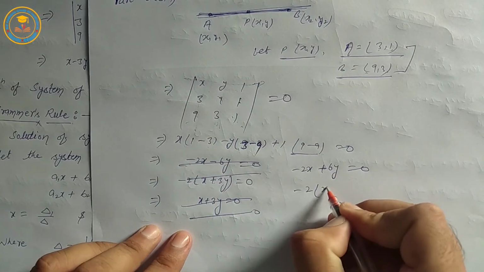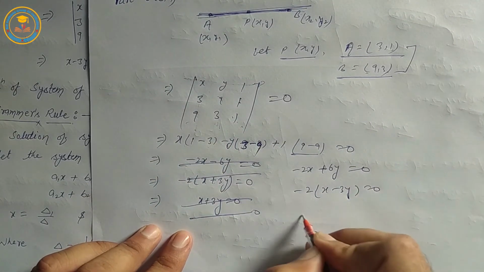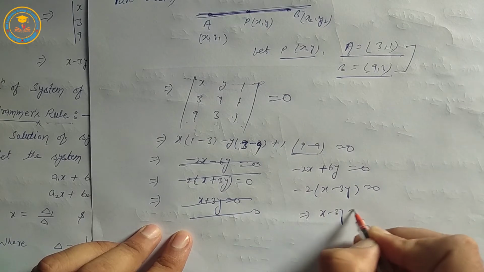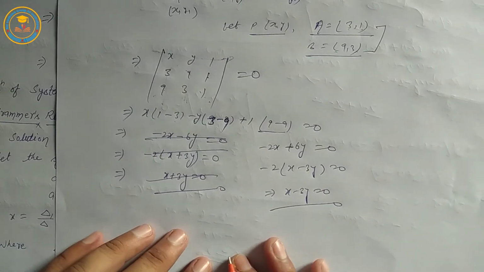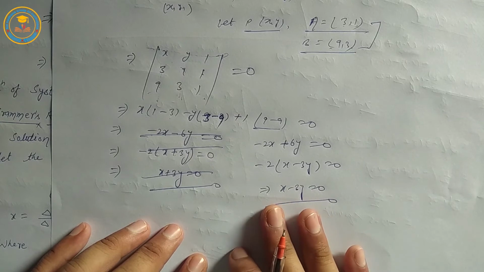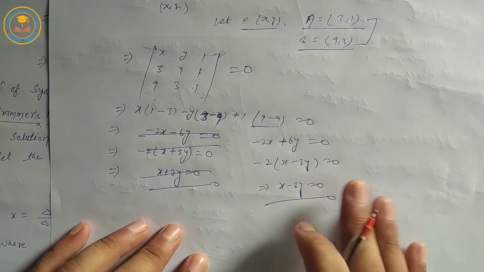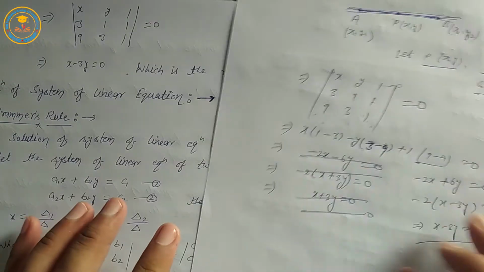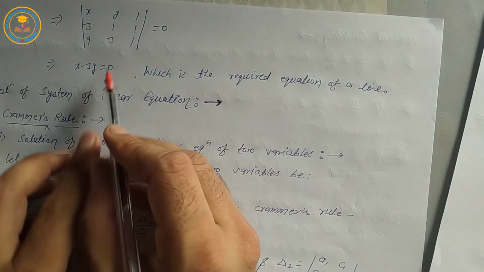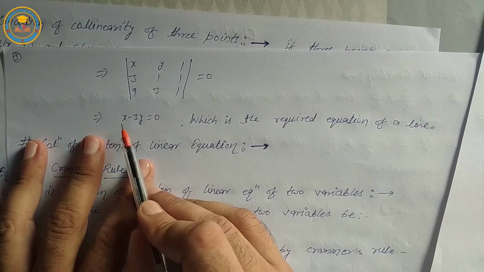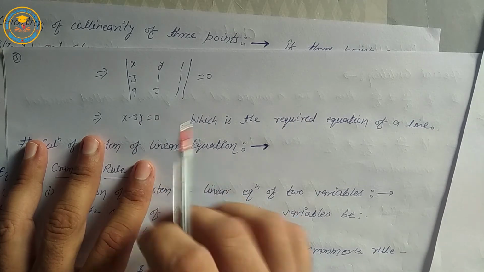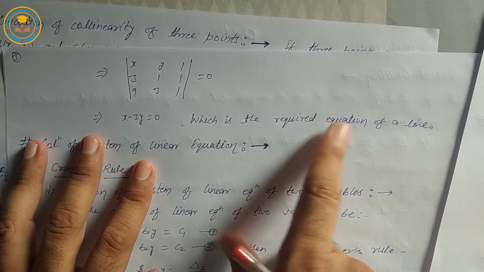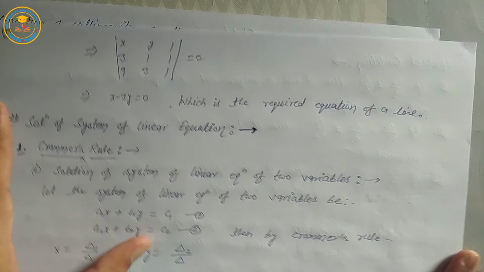Minus 2 into (x minus 3y) is equal to 0, which implies x minus 3y is equal to 0, which is the required equation of the line.